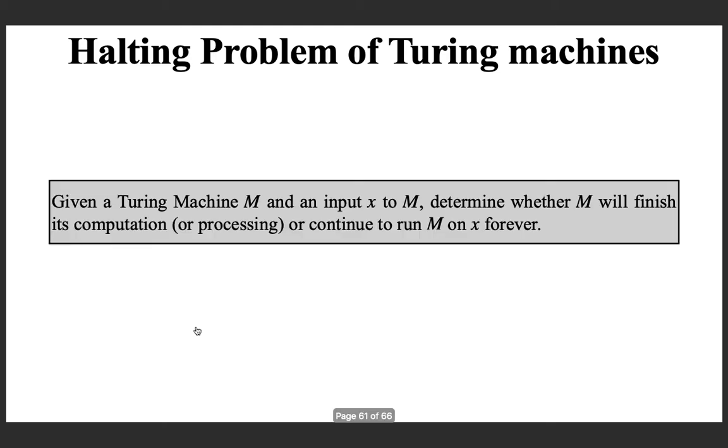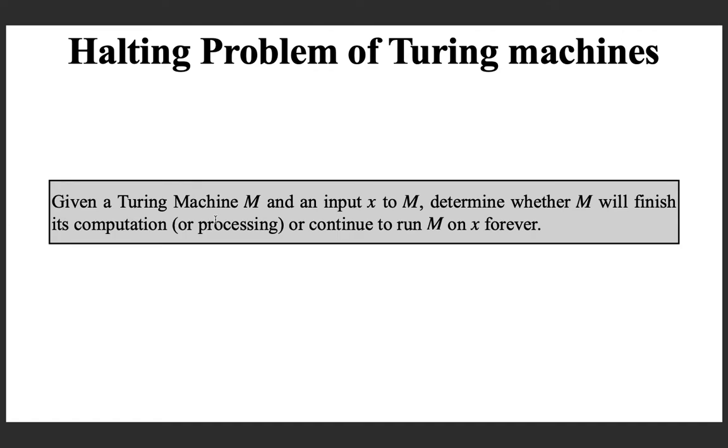And what is it? Given a Turing machine M and an input x to M, say 1 cube or whatever, determine whether the Turing machine M will finish its computation on x or continue to run M on x forever.